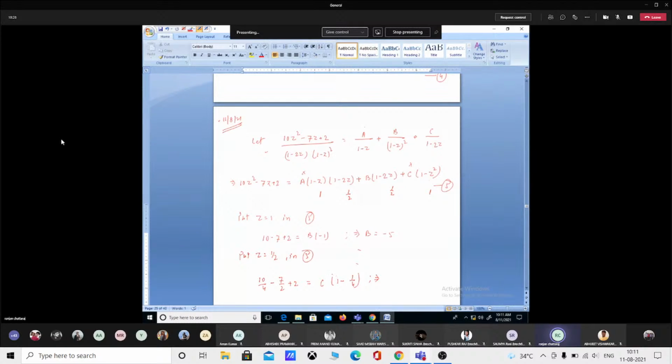How much is c equal to? It is minus 2 by 3. Overall, c is equal to how much?